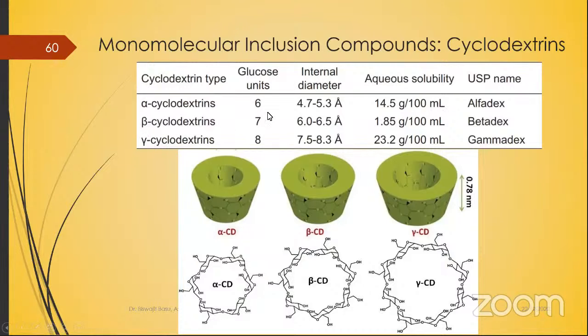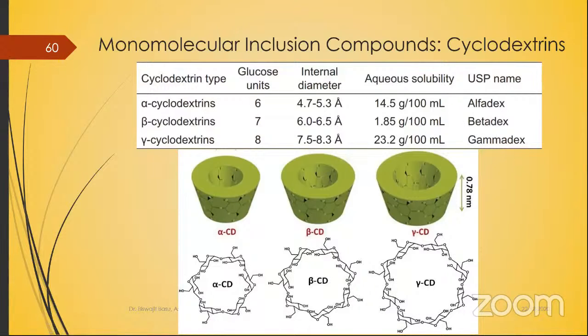Beta cyclodextrin has 7 glucose units, the internal diameter is 6 to 6.5 Angstrom, and the aqueous solubility is 1.85 gram per 100 ml. Gamma cyclodextrin contains 8 glucose units, the internal diameter is 7.5 to 8.3 Angstrom, and it has the highest aqueous solubility, 23.2 gram per 100 ml.